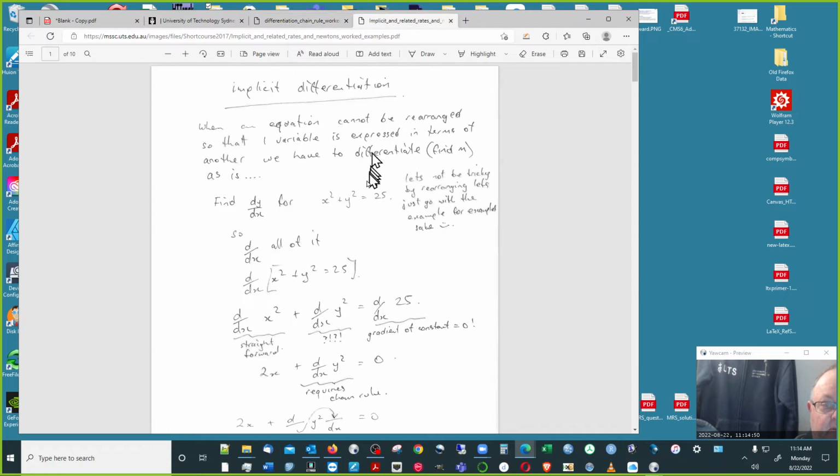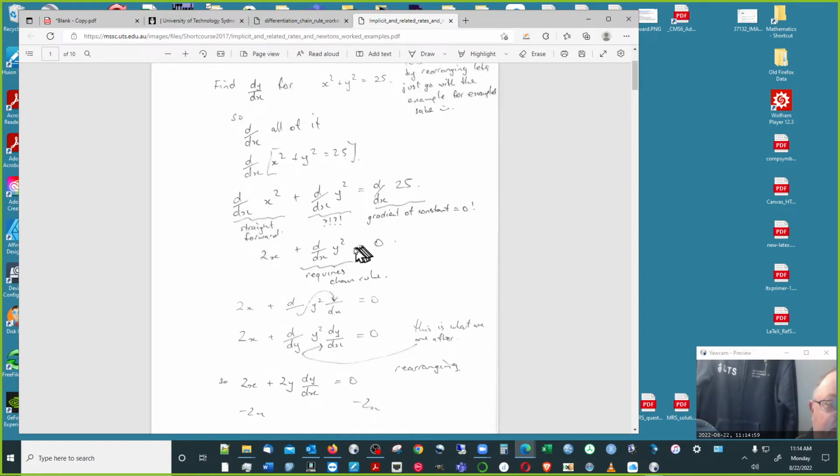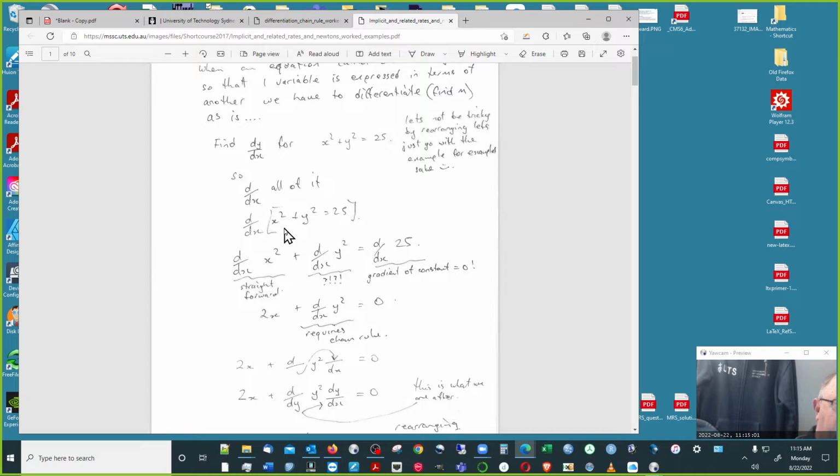Now, implicit differentiation. So this is what Mary did. It's just not as good a quality as what Mary did. It's just a handwritten note about how to do it. But here I've emphasized it differently, the d/dx, all of it. So this is where I'm emphasizing doing the differential with respect to every term. d/dx, yep, 2x, tick. d/dx of y squared, oops, how's that work?